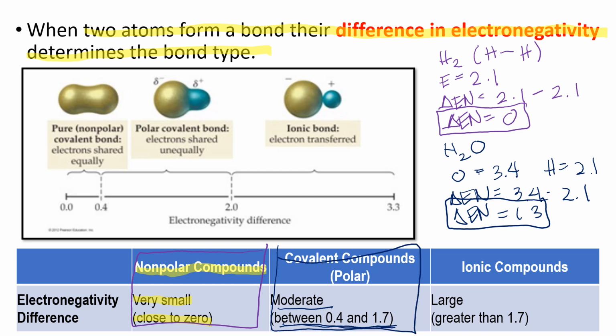And next we go to your ionic bond. According to this table, an ionic bond has an electronegativity difference greater than 1.7, which is very large.